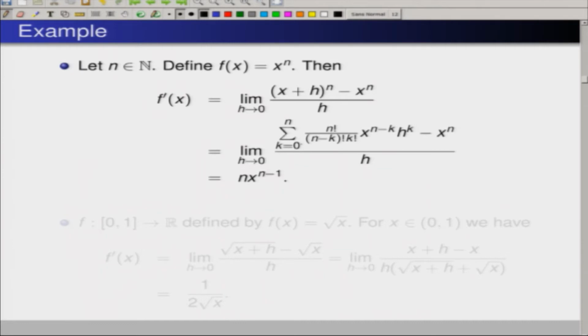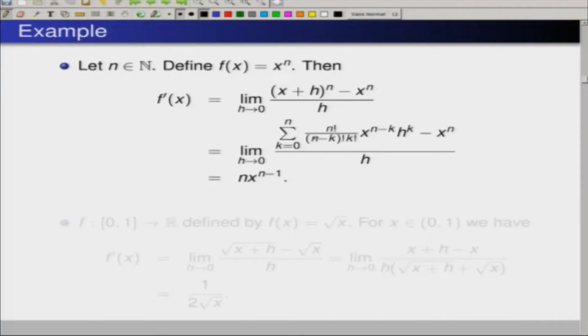The first term, for k equal to 1, gives a factor of h, and in the rest, for k greater than or equal to 2, we get h square, h cube and so on. Now, if you divide by h, then only the first term will become independent of h, and the rest of the terms in this numerator are going to contain h.